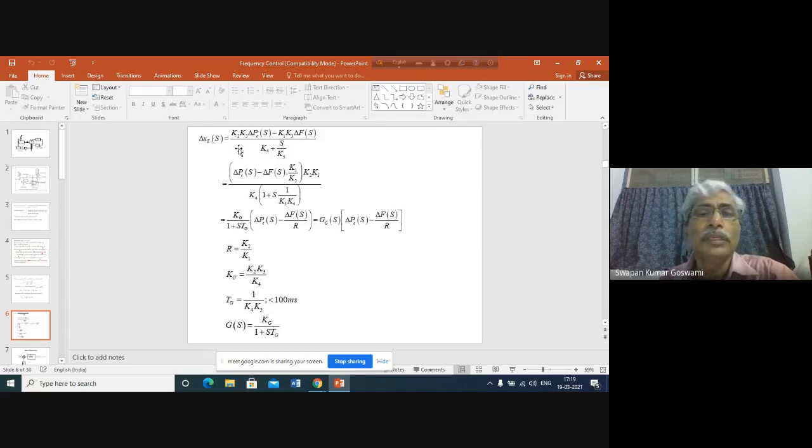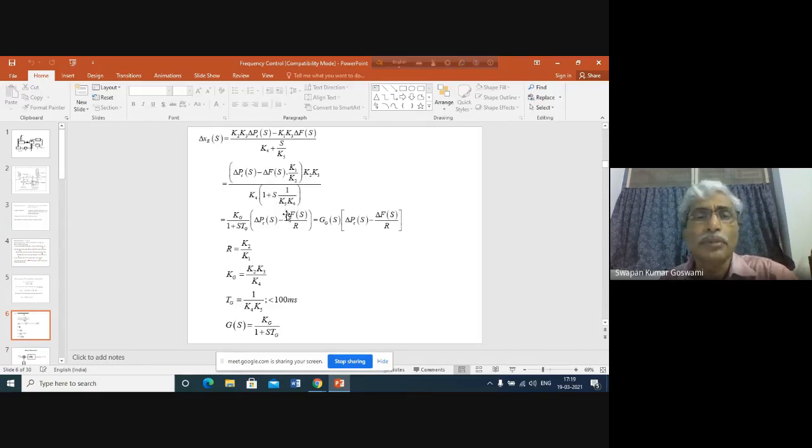So it will be K2 K3 delta PC(s) minus K1 K3 delta F(s) by K4 plus S by K5. Then you may write this as delta PC(s) minus delta F(s) into K1 by K2, and so on. These things you can rearrange very easily.